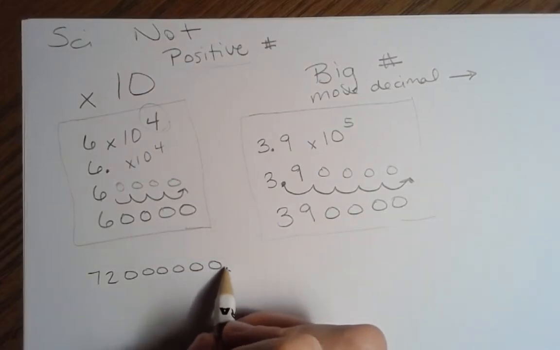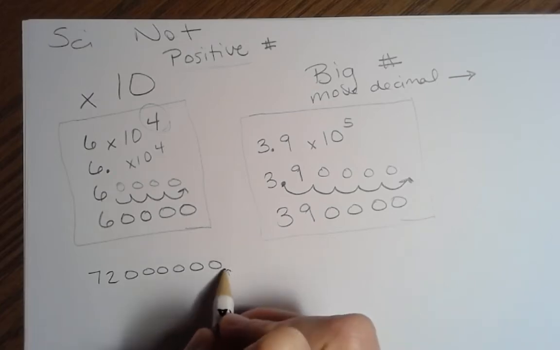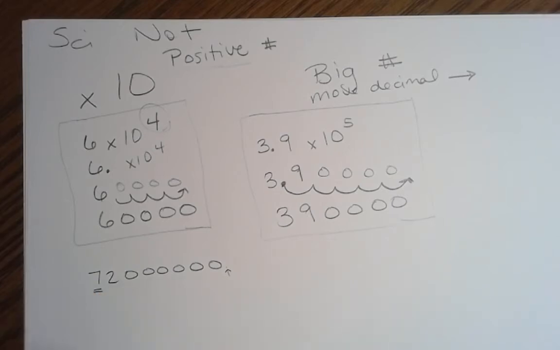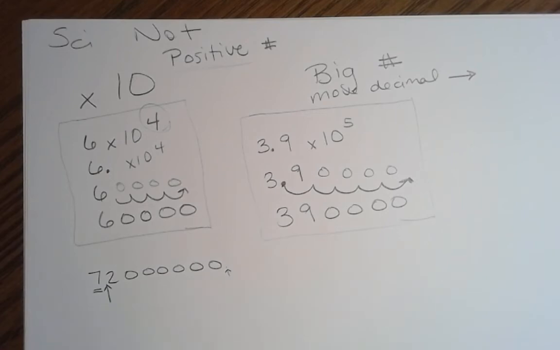Okay, so to go from expanded form to scientific notation, we're going to pick up our implied decimal and move it until it is after just the first significant number. So we're going to wind up with our decimal there.